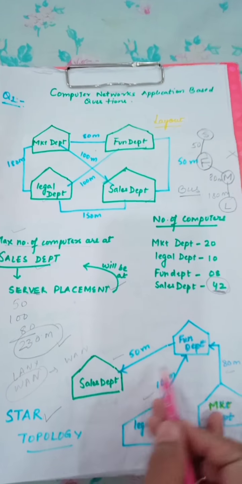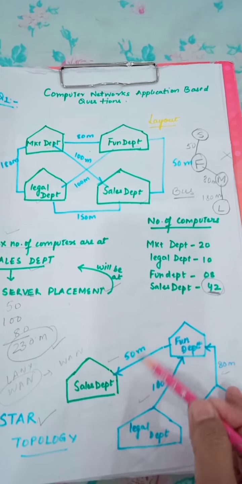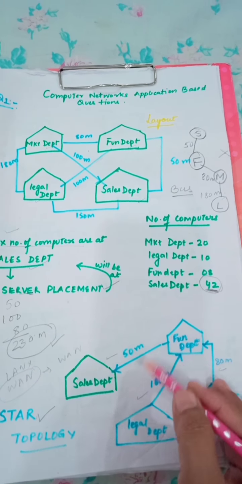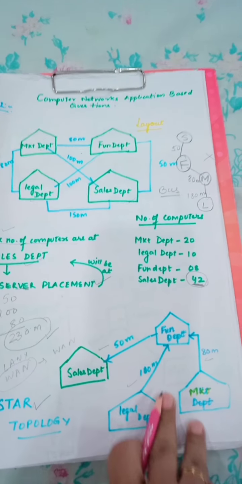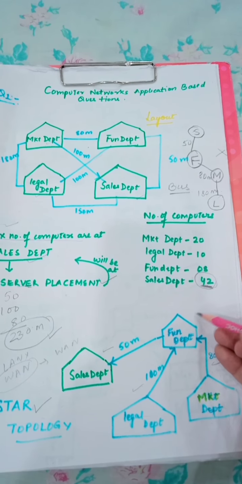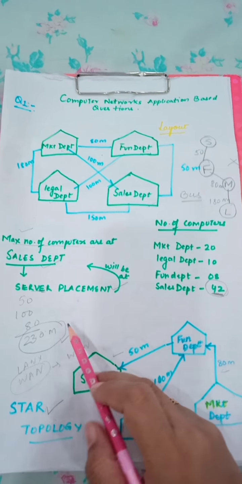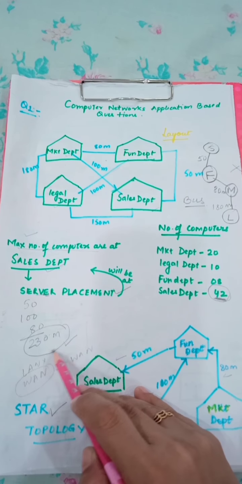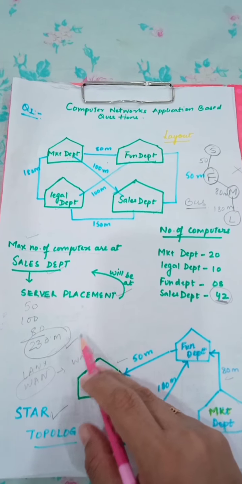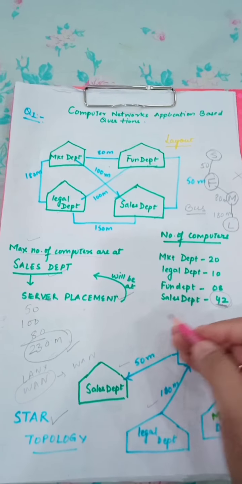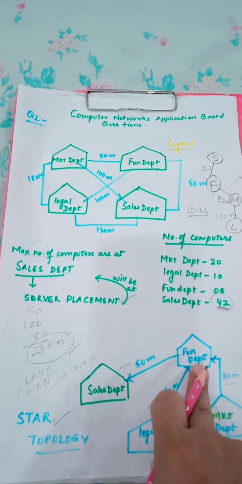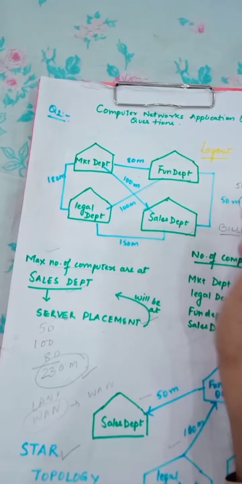Okay, so this is the kind of layout or topology which I have drawn, but just see it very carefully. If I calculate the total distance of this topology, then 50, 100 and 80, it is about 230 meters. Fine, but I can arrange these stations in a different topology also.